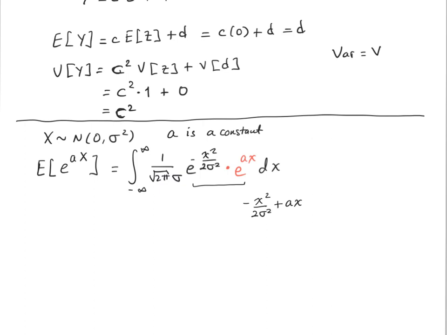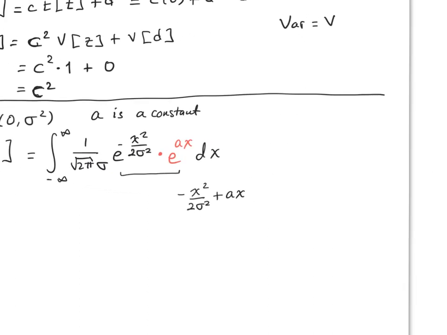So what we need to do now is complete the square so we can have a perfect square. To do that, what we do is factor out this 1 over 2 sigma squared. So this will give you x squared minus 2 sigma squared a x. Remember that to complete the square, which is a topic from basic algebra, you divide whatever this is by 2 and then square.